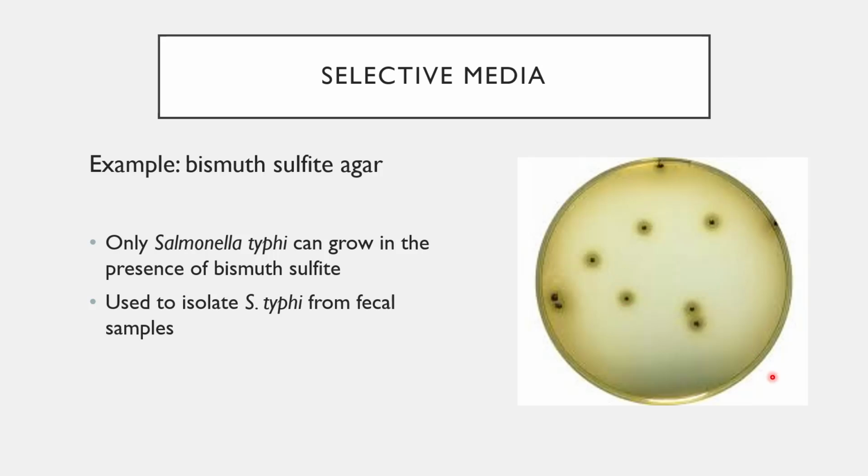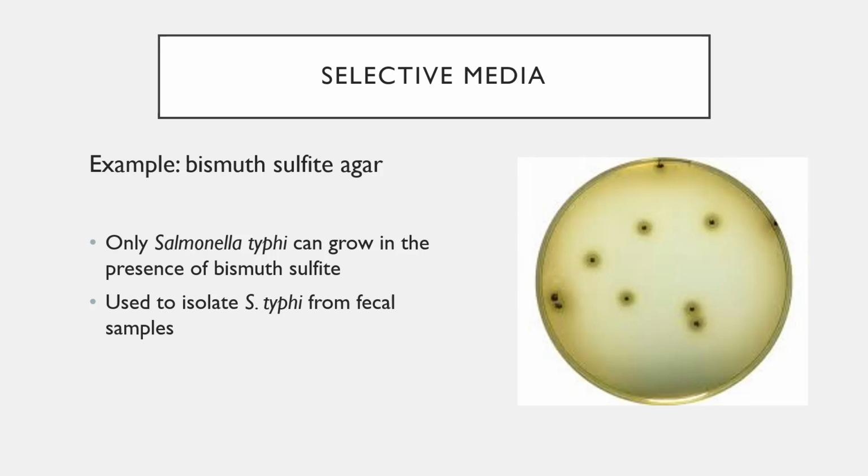Salmonella typhi is the agent that causes the disease typhoid fever, and so this type of plate can be used to isolate and identify Salmonella typhi from fecal matter samples. If there is a species found growing on the plate after a fecal sample is spread on it, you know that it's Salmonella typhi because the bismuth sulfite has suppressed other types of microbes.